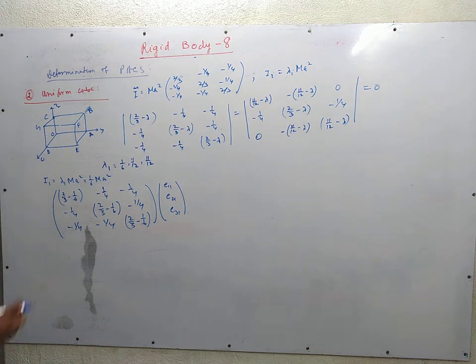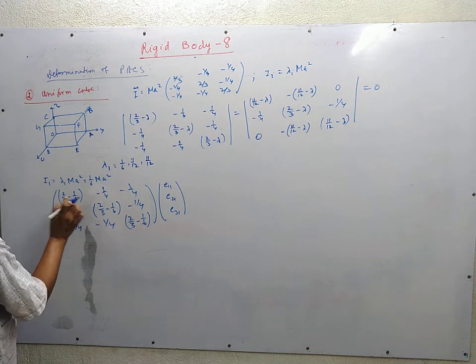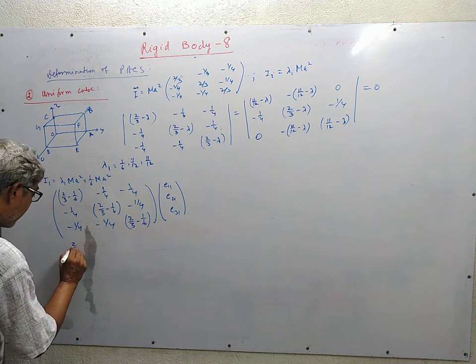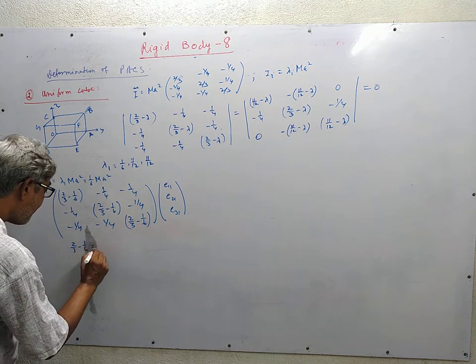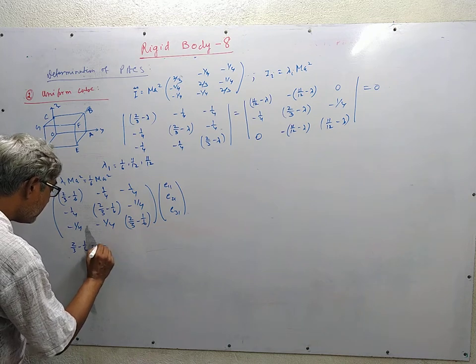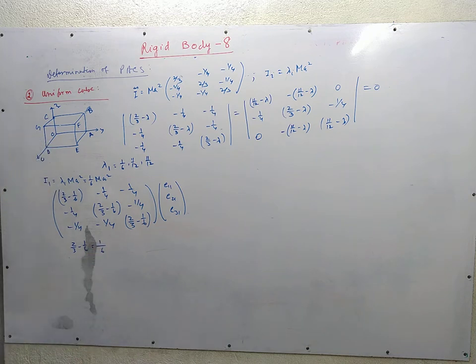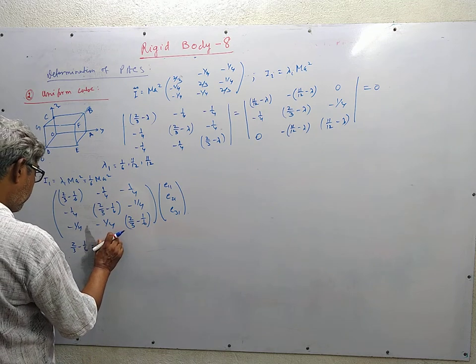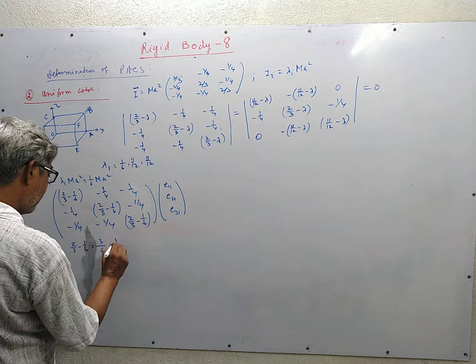So this part, this is 2 by 3 minus 1 by 6. This is 1 by 6. So this is 4 minus 1, 4 minus 1 is 3, so this is half.